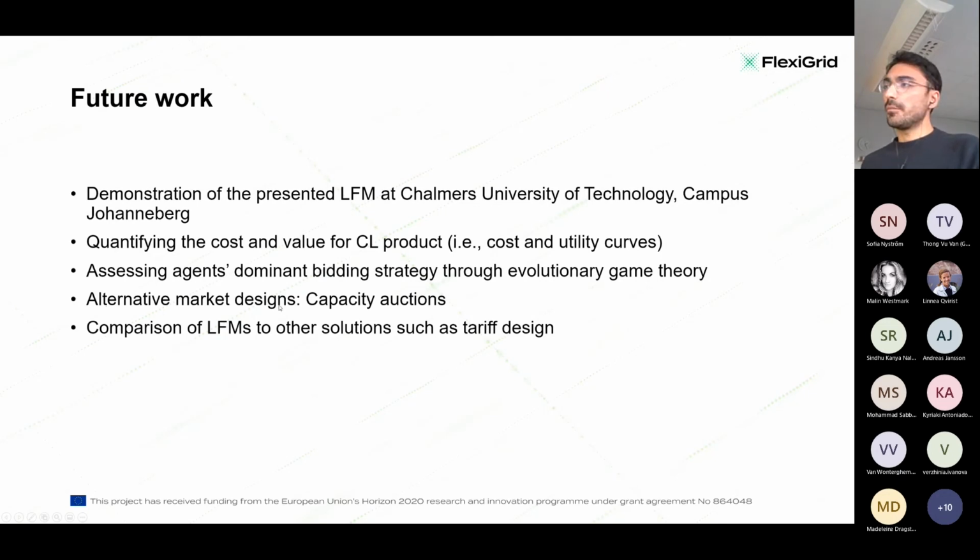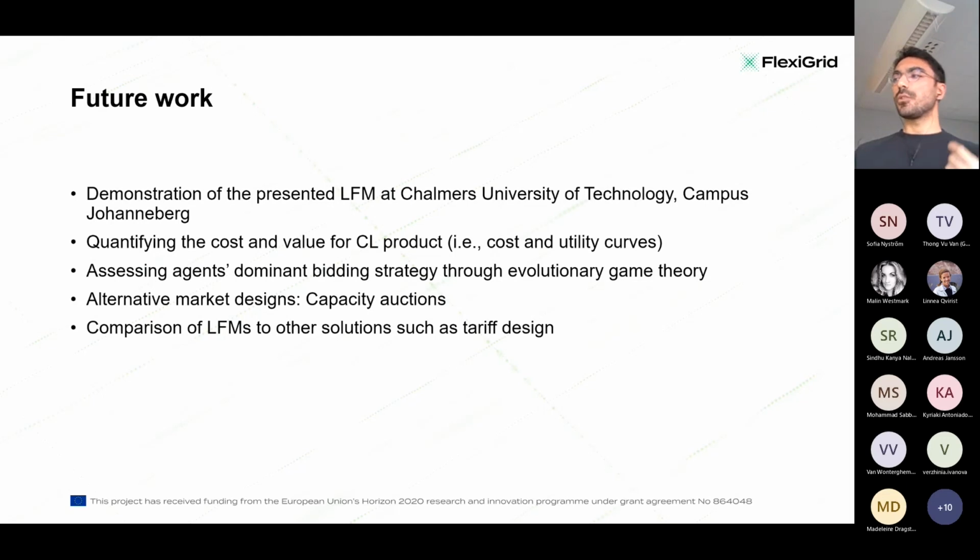There can be alternative market designs like capacity auctions that we might have a look into. Imagine the DSO just auctioning all the available capacity to the end users, and then the end users start trading the capacity with each other. If they have excess, they sell it to another end user, or if they have a deficit, they buy from another one.